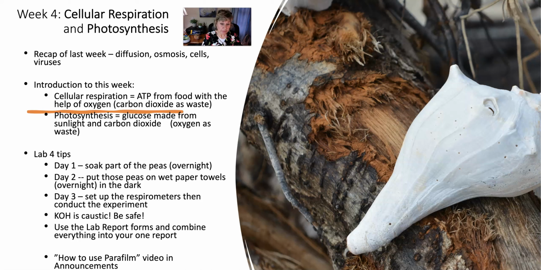Use your lab report forms. Make sure you do that and combine everything that's required into that one report. I shouldn't have to go to 3 different places to see your pictures and a table and your explanation and all that. And also realize the last question in that lab report is you explaining the biology behind what has happened.